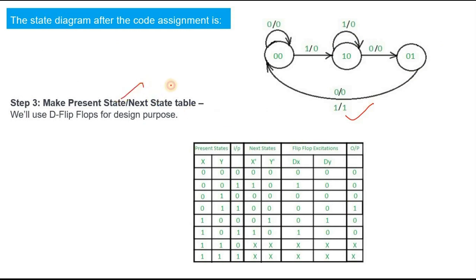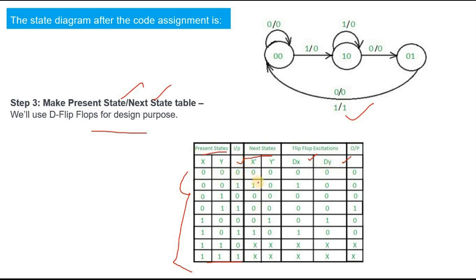Make the present state and next state with D flip-flops. So these are the present states, and the next states I can represent as X dash, Y dash, and I am imagining that there are two D flip-flops, dx and dy. Input is something 0. So now I consider 3 inputs. That's why I have framed 8 possible cases. Then the next state update will be as per the D flip-flop.